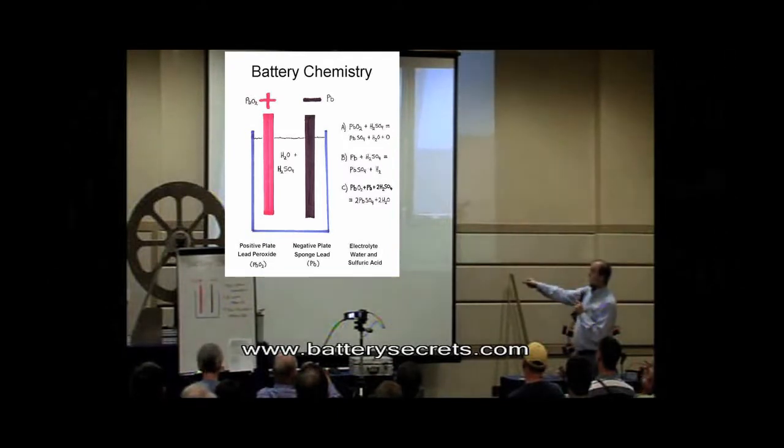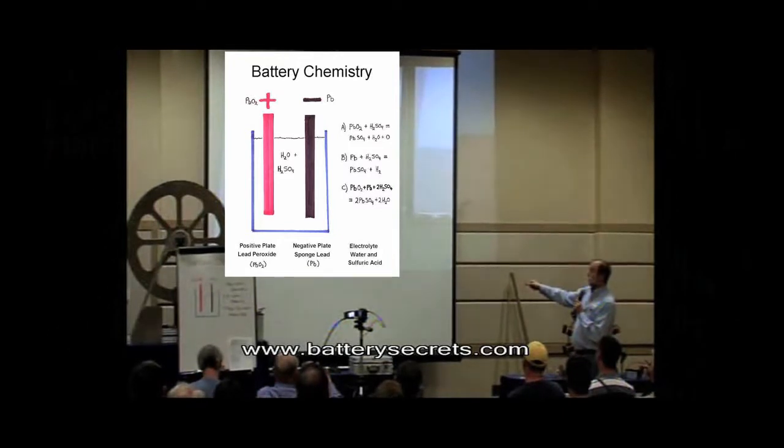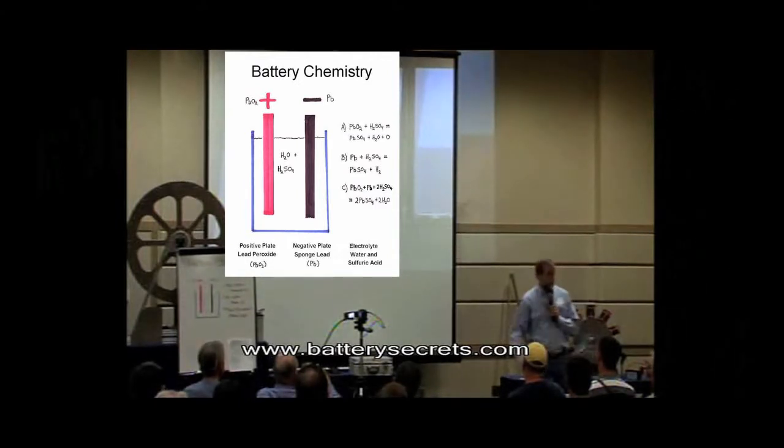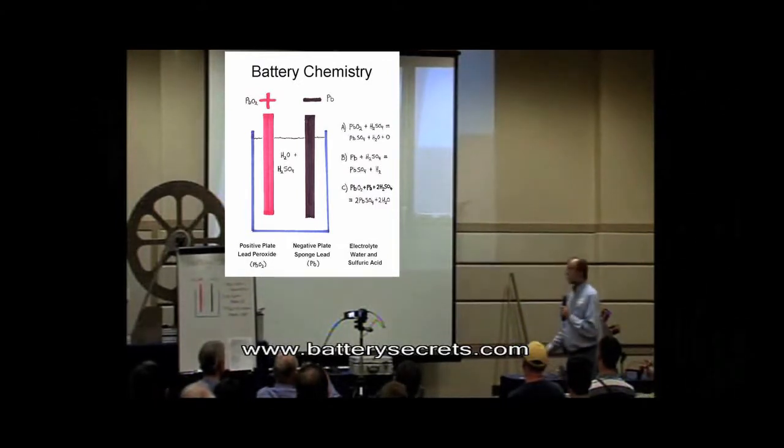So when the electrolyte attacks the negative plate, we get lead sulfate and hydrogen. And this is why it's possible to off-gas hydrogen and these types of things, which we've all seen.